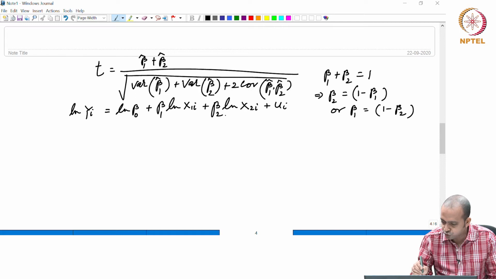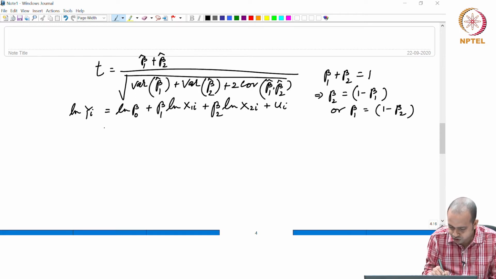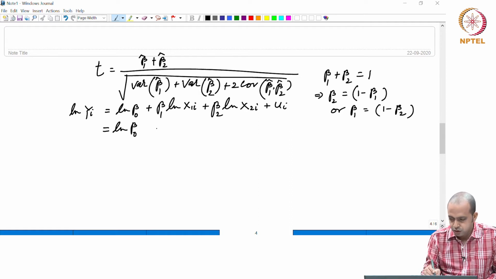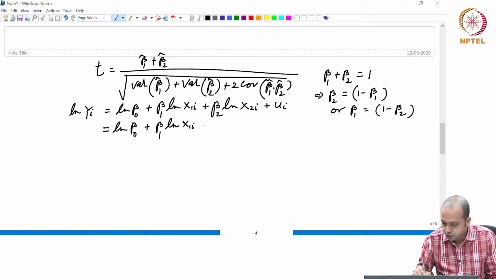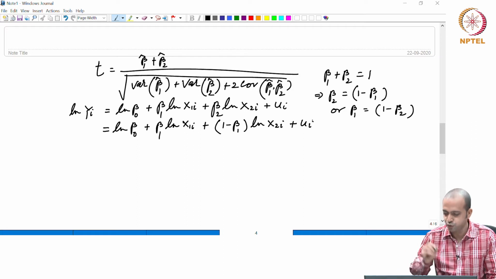I will substitute beta 2, so this would become log of beta 0 plus beta 1 log of x 1 i plus, in place of beta 2 I am putting 1 minus beta 1, log of x 2 i plus ui.